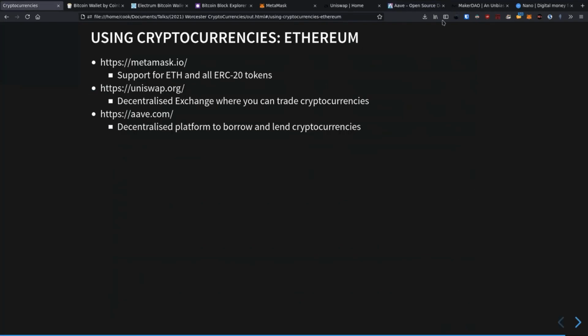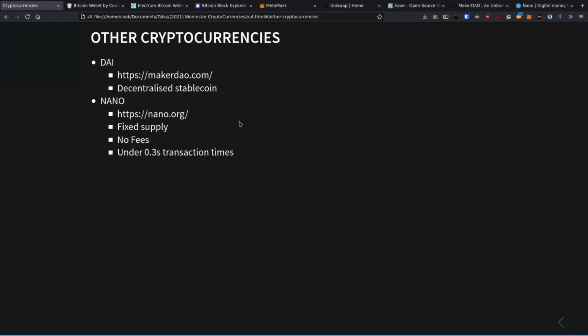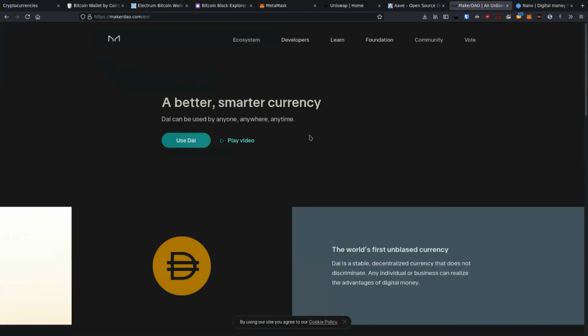So it's very good. And then just to put some of the cryptocurrencies here, just if you're interested, these few that I really like. One is DAI. So DAI is a stable coin, which means it always keeps its value of about $1, as long as nothing wrong happens in the algorithm. And it's completely decentralized.